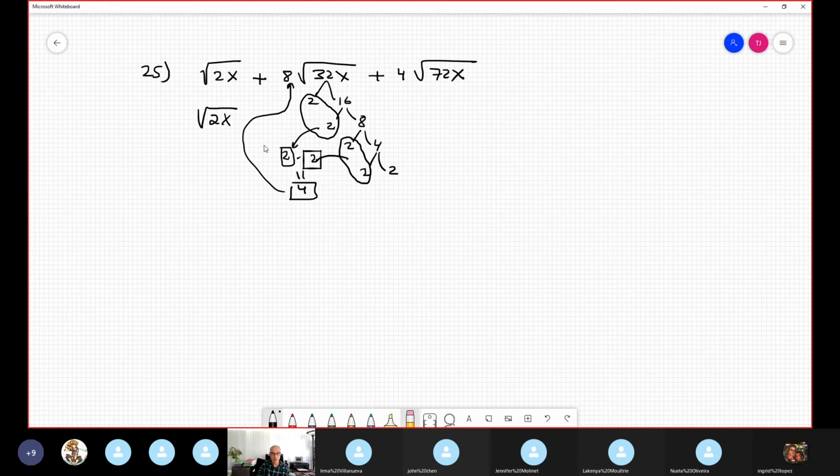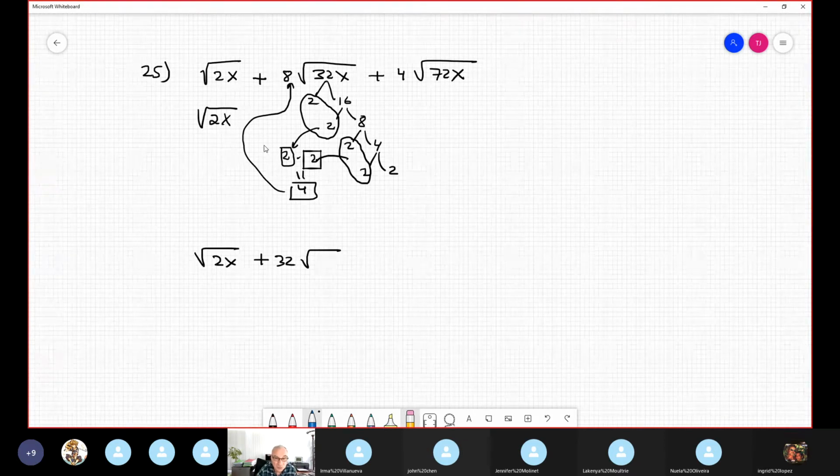Each couple gets married and goes outside the radical. We have one couple, 2 couples, and one couple is 2, another couple is 2, 2 times 2 is 4, and this 4 goes completely outside and meets the 8, that's 32. Okay, so far we have square root of 2x, I copy it down again. We have 32 radical, let me see what stays inside: this 2 and this x.